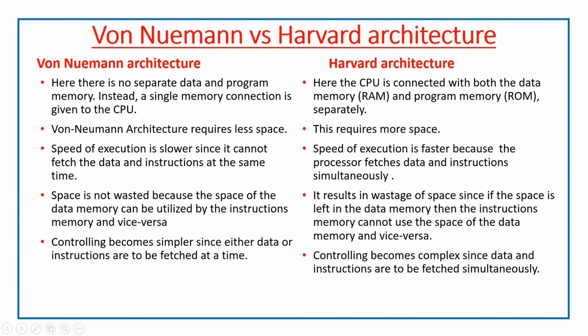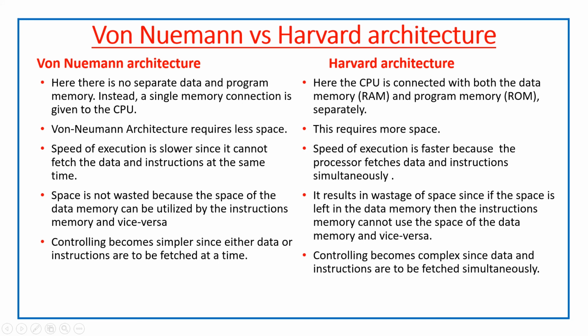So, first point of von Neumann architecture is, here there is no separate data and program memory. Instead, a single memory connection is given to the computer. And in Harvard architecture is, here the CPU is connected with both the data memory RAM and program memory ROM separately. So first point, it says that von Neumann architecture have no separate data and instruction memory.